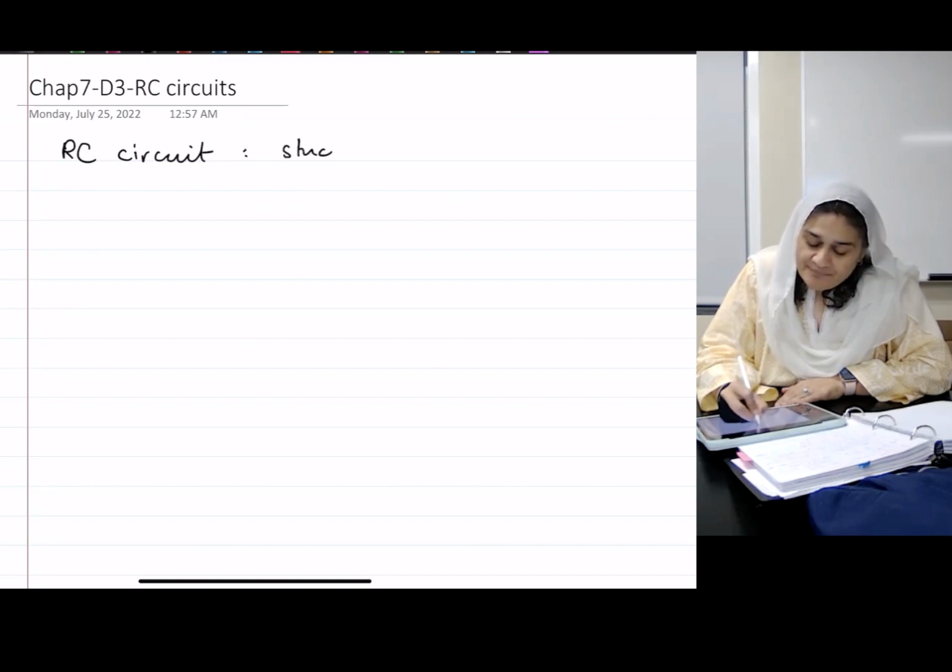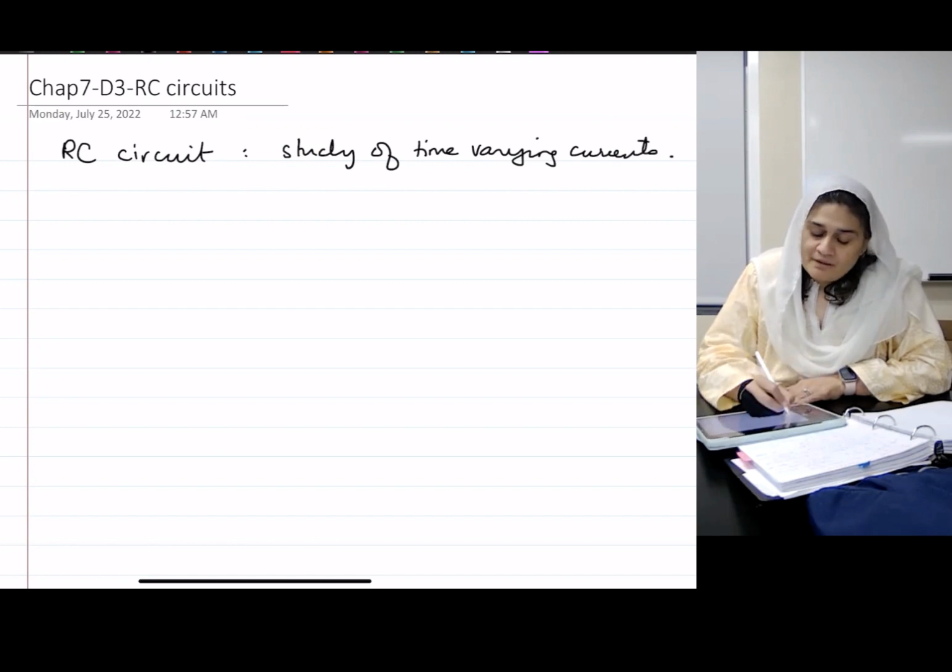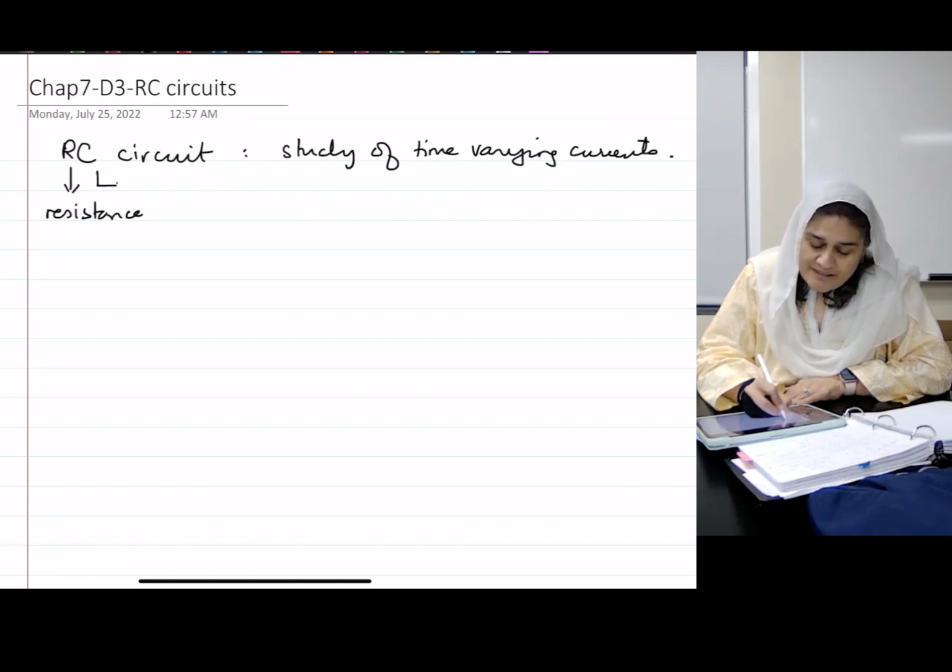is the study of time varying currents. The R in the RC circuit stands for resistance, and C stands for capacitor.